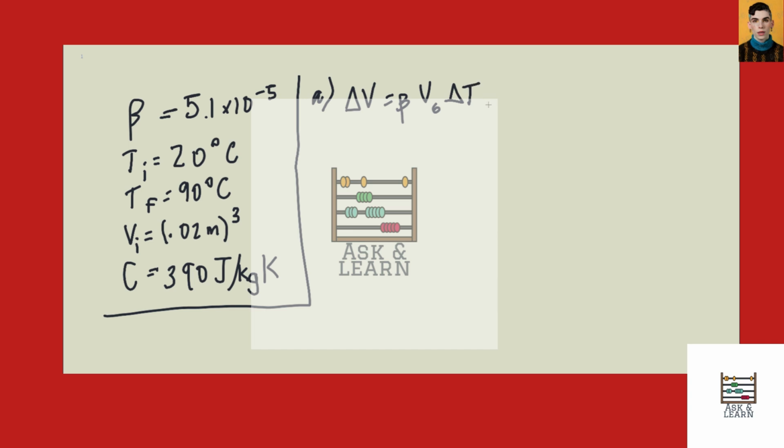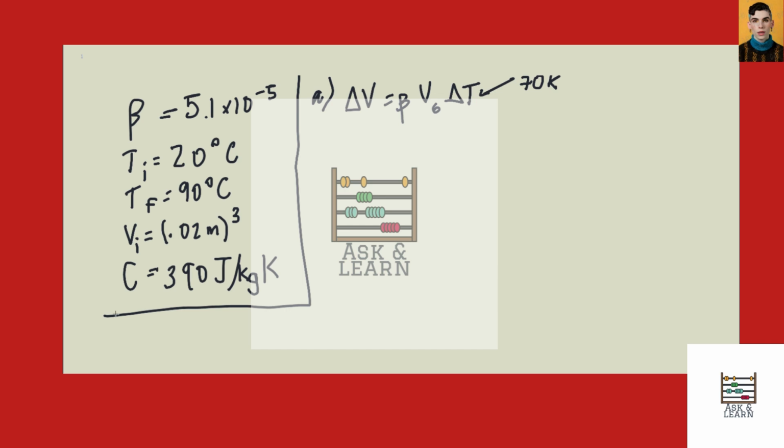The change in temperature is going to be 70 Kelvin, so 90 degrees C minus 20 degrees C. Converting from Celsius to Kelvin is additive, so you add 273, which means differences in Celsius are the differences in Kelvin. So I'll just note that that's 70 Kelvin.